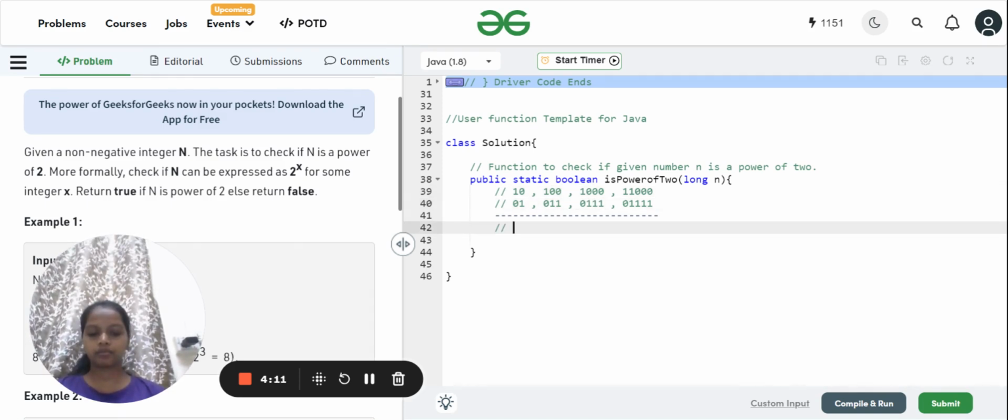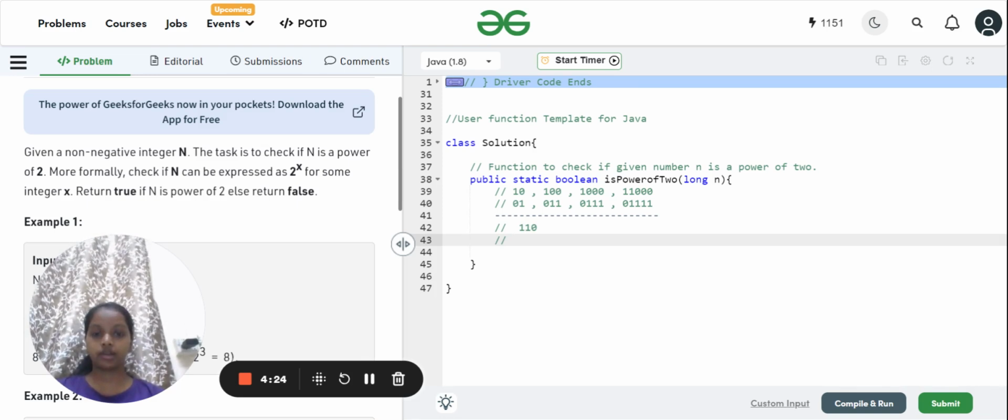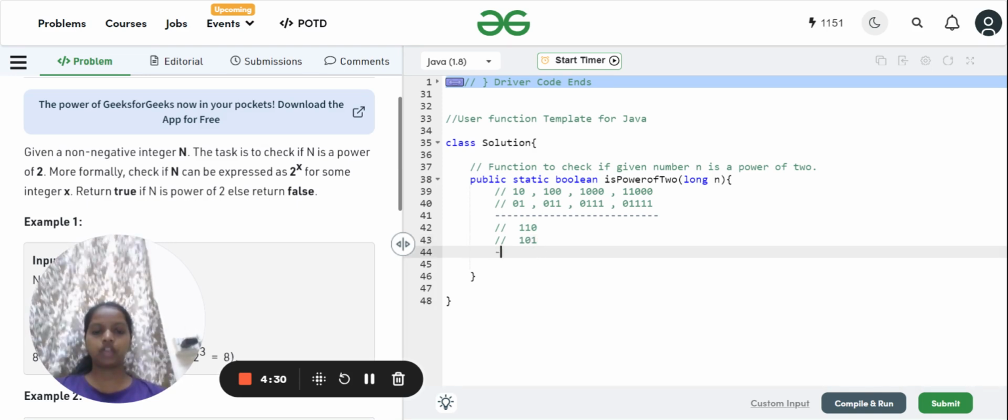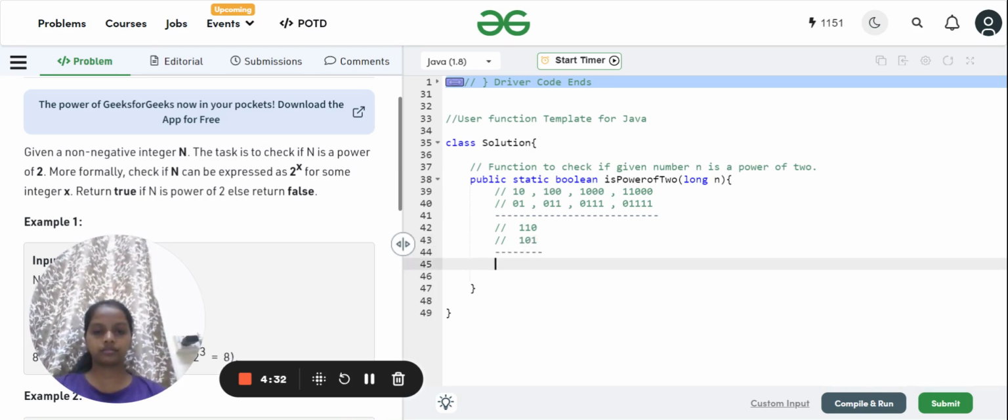And let's say an example, 6. How can we represent 6 in binary? 4 plus 2 is 6. This is 6. n is 6, so n minus 1 is 5, so it's 101. If we do the AND operation of both, what will we get? 100.